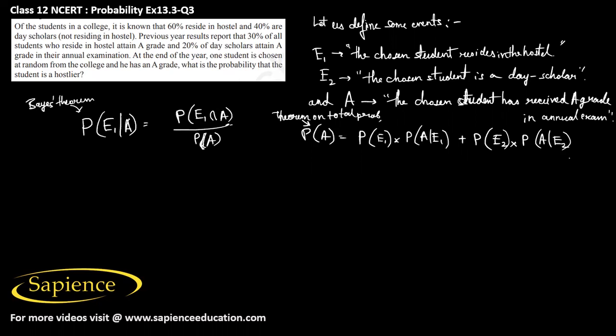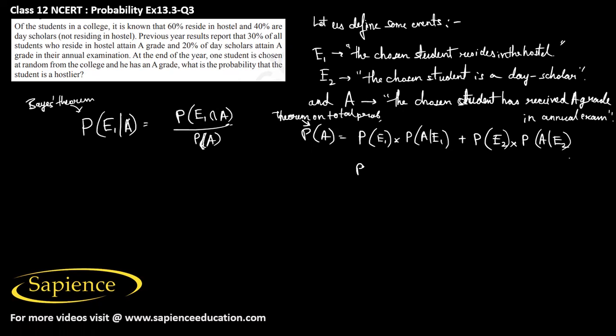It means that I can choose an A grade from a student who resides in the hostel, or I can choose a student who has received an A grade from a day scholar also.